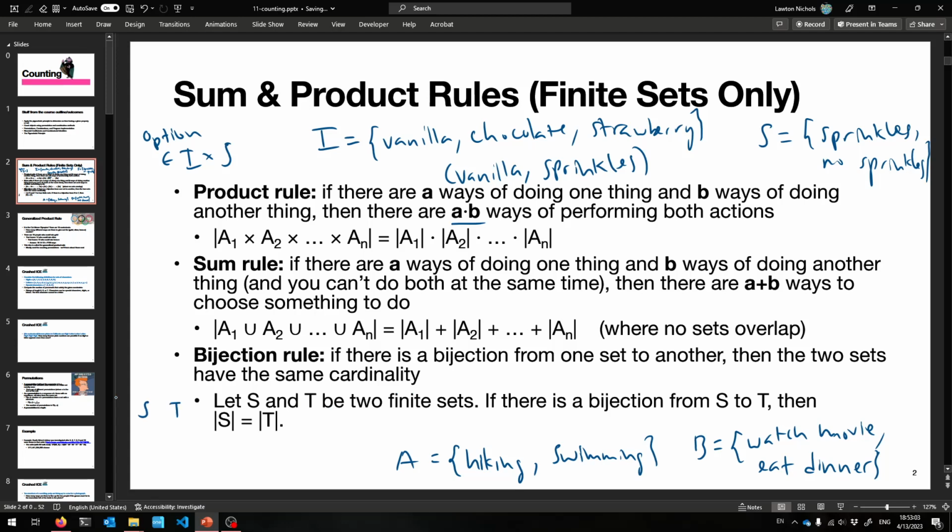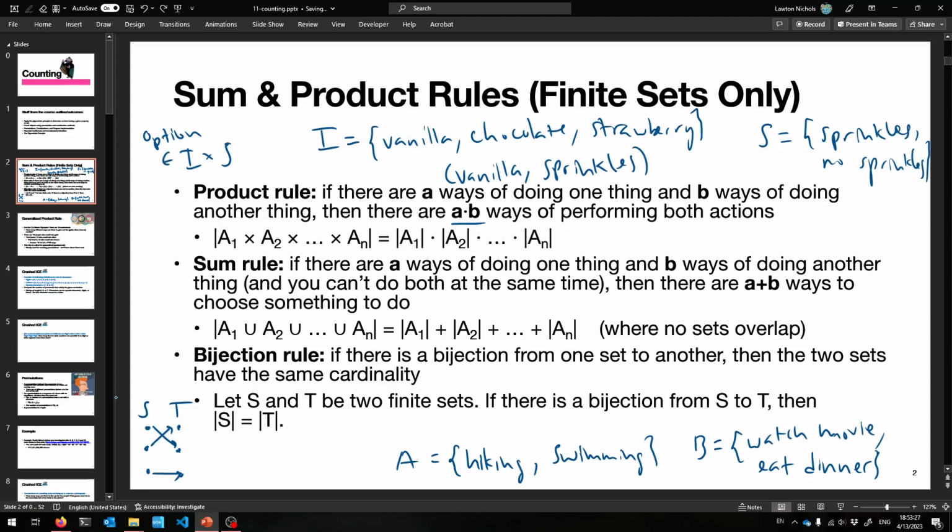Like here's S, here's t. If there is a bijection from S to t, I don't know what S looks like, I don't know what t looks like, but there's some bijection, like this for example is one bijection. The only way for a function to be a bijection, to be one-to-one and onto, it has to be that you're taking the same amount of things to the same amount of things.